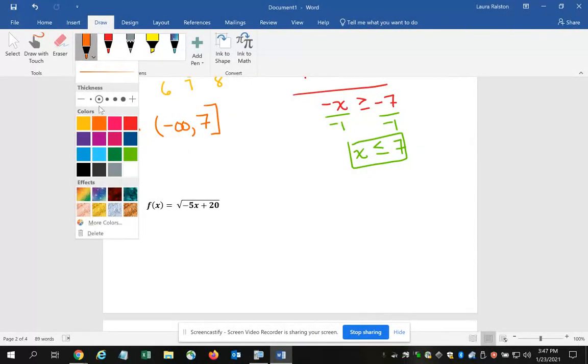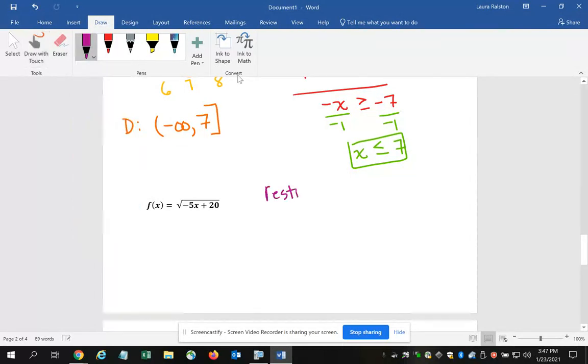The next one, again, it's a function. It's a radical. I didn't show it to you on a graph. I can try to go back and show it to you in just a minute. But if you take the square root of -5x plus 20, because I have an even index radical, I know I'm going to have the restriction that the radicand must be 0 or positive.